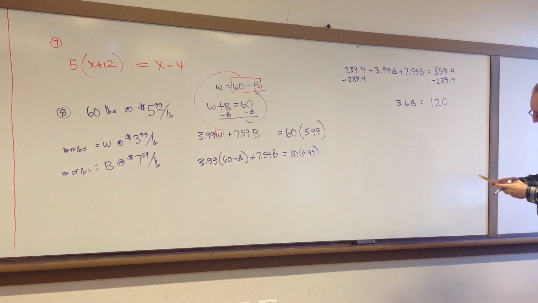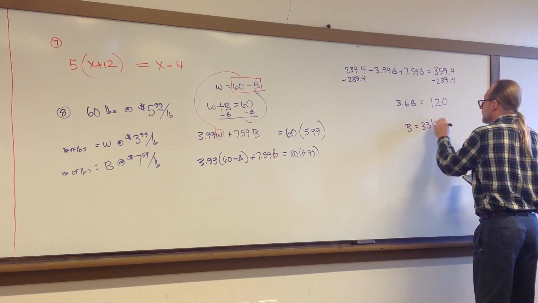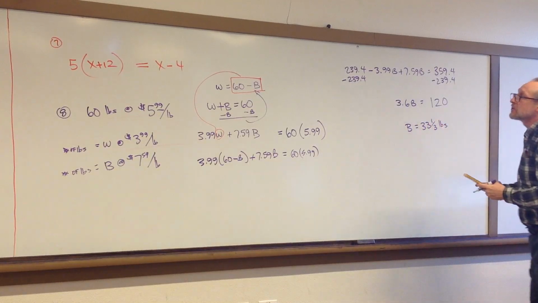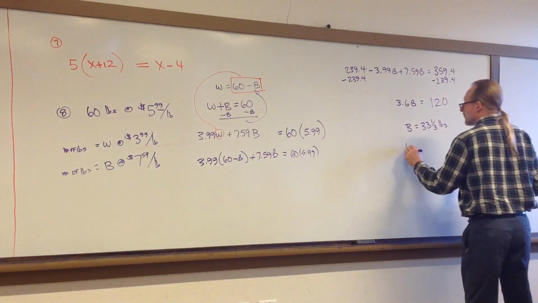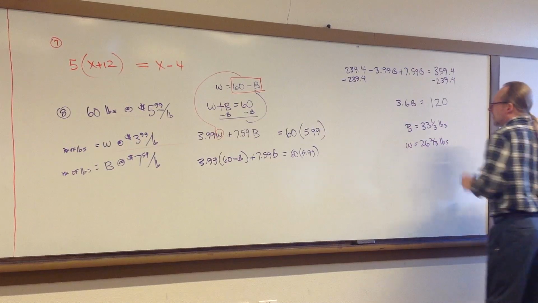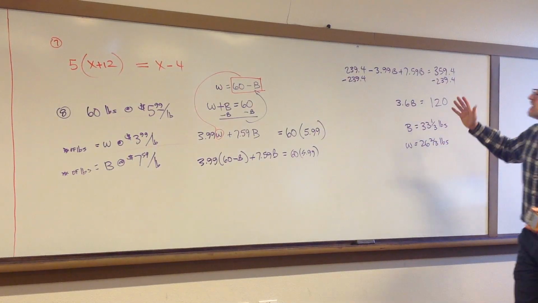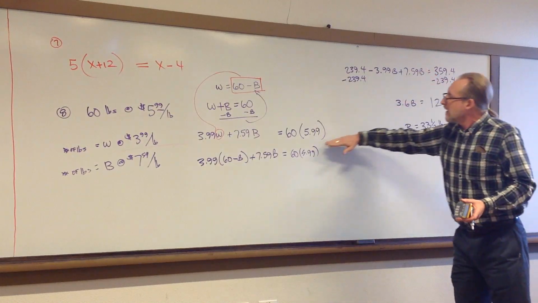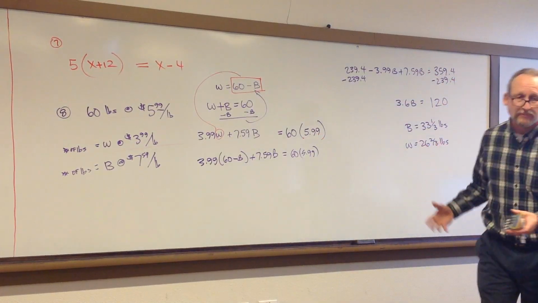So 120 divided by 3.6, we want 33 1/3 pounds of Brazil nuts, and then that'll leave us with 26 2/3 pounds of the walnuts, and together that'll make 60 pounds, and it'll give you a 60-pound mixture that's worth $5.99 a pound.